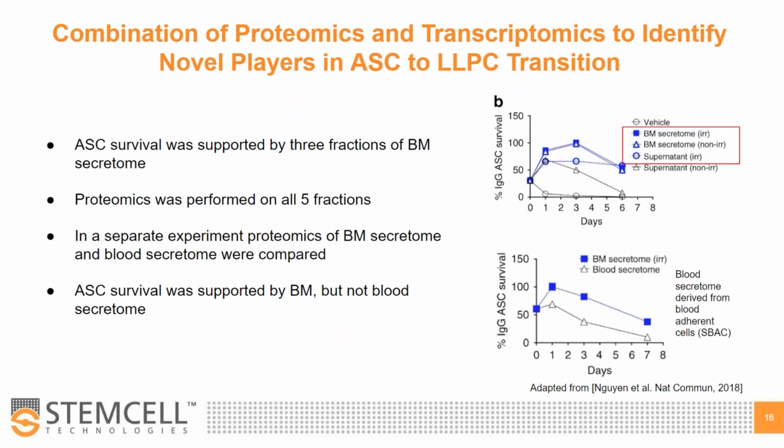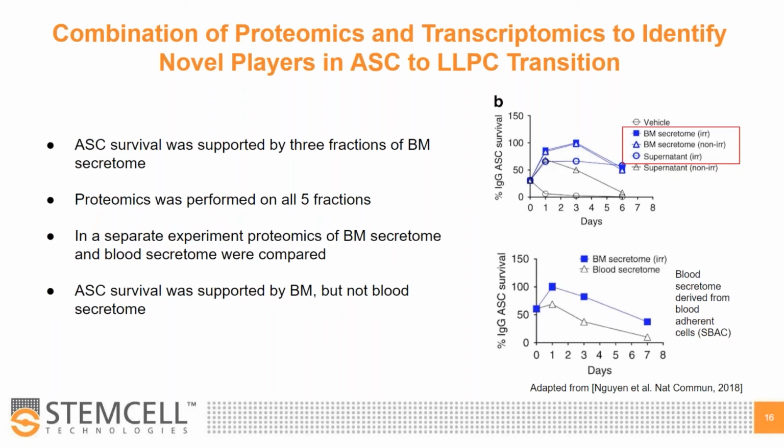So now that they've demonstrated that their method is able to identify whether factors are critical or not for survival of antibody secreting cells, they wanted to identify some novel factors.